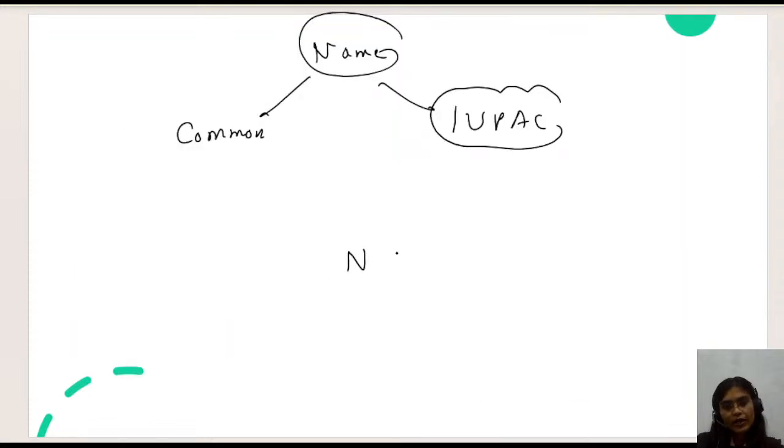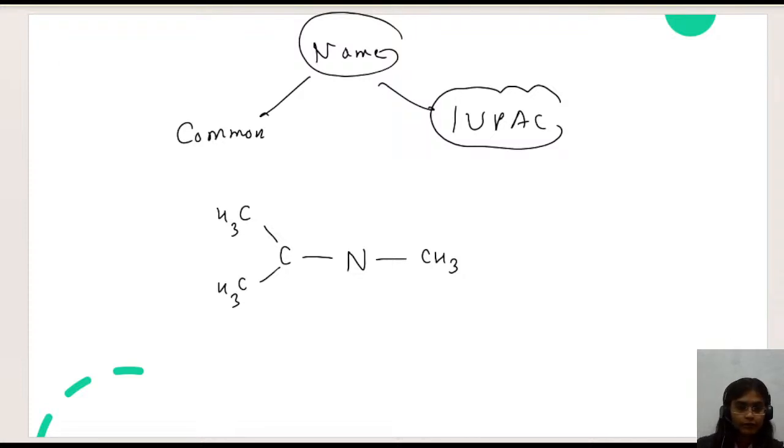Let's suppose this is nitrogen connected with a CH3, then one more carbon further connected with CH3 and CH3.